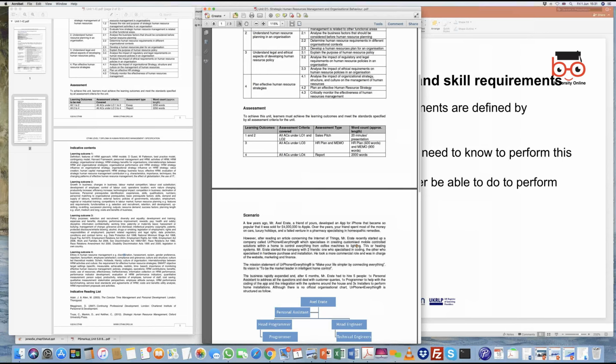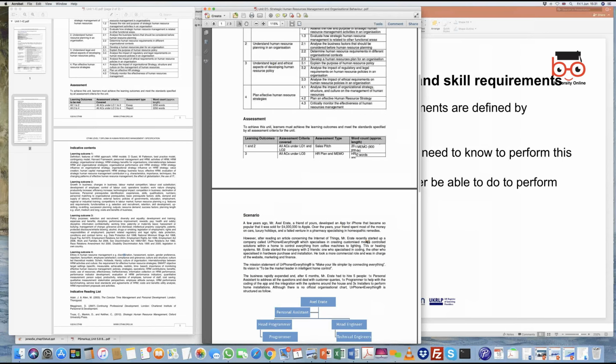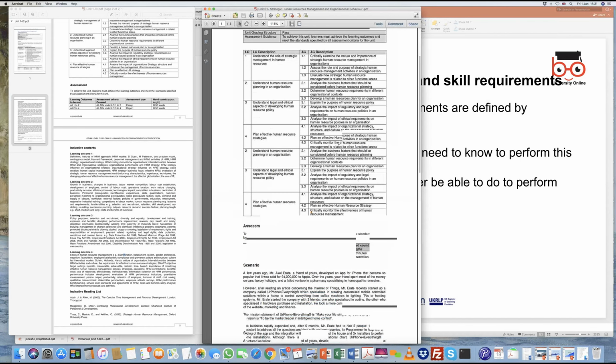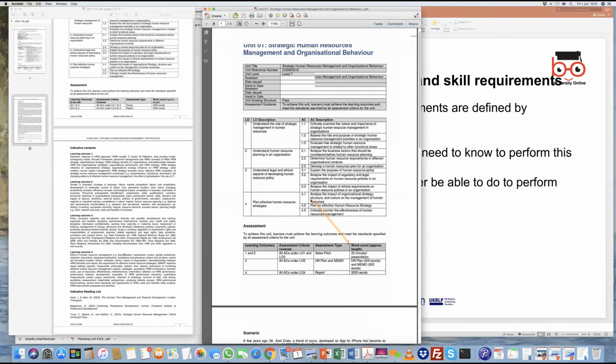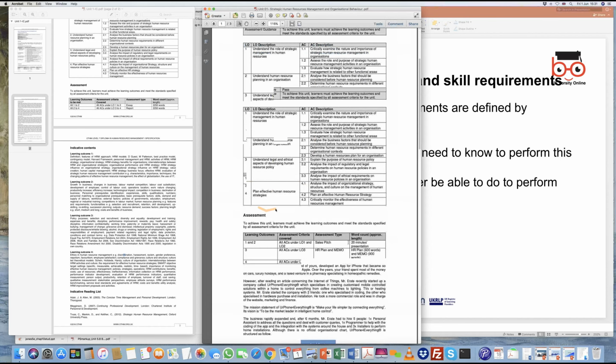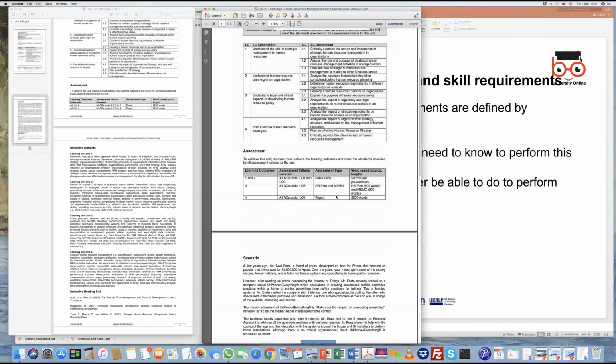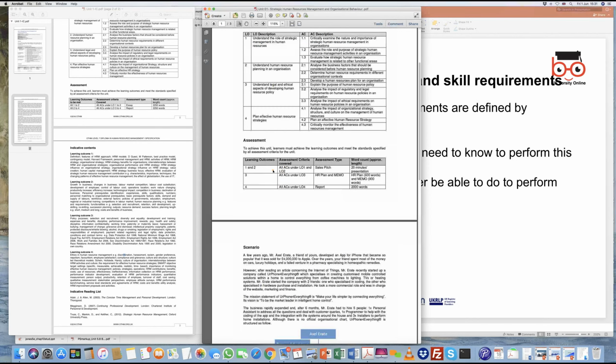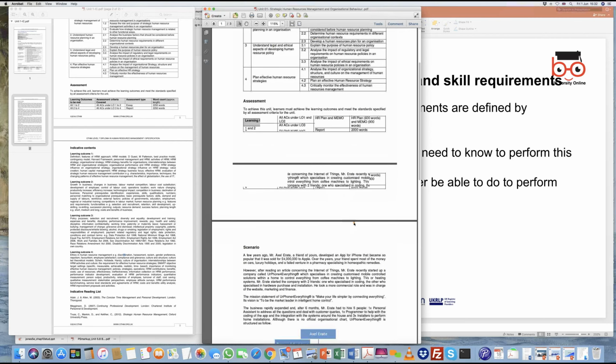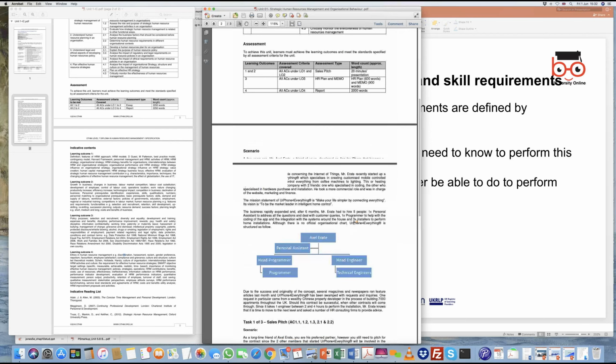Now let's look briefly at understanding this unit's assignment brief. There are 4 tasks that we have to look at. In the assignment brief, the organization scenario has been given.